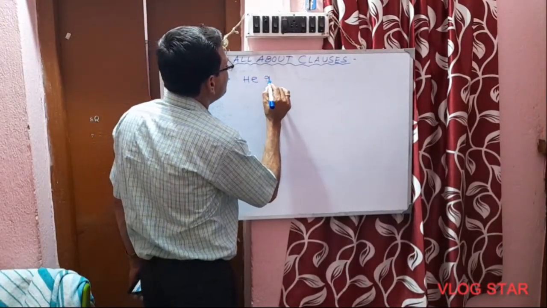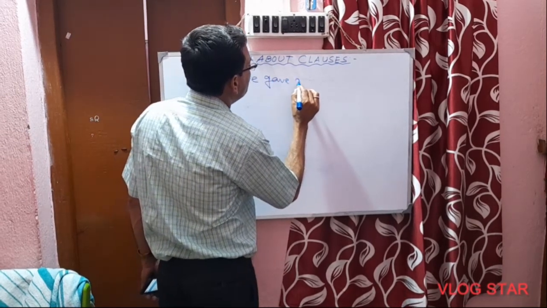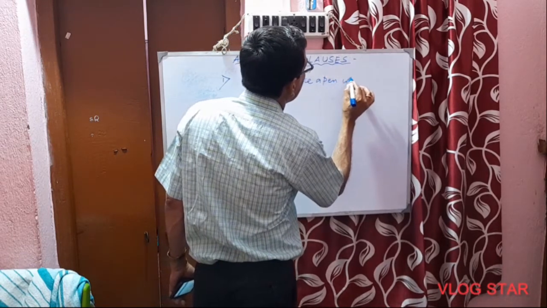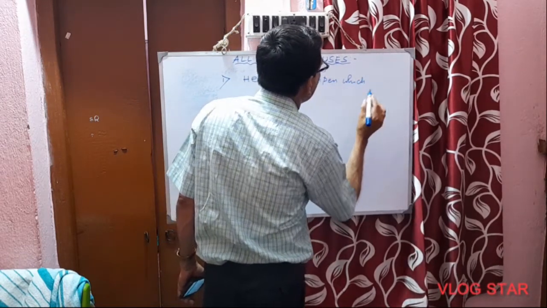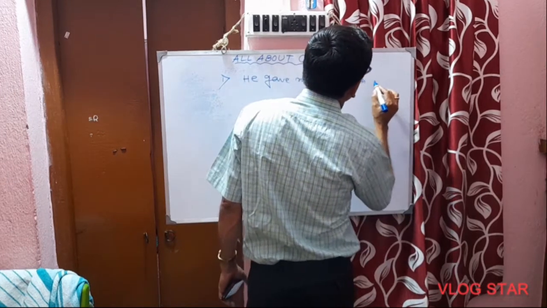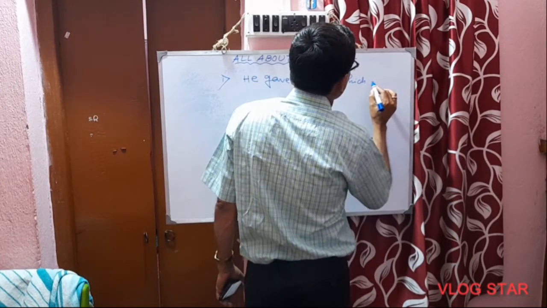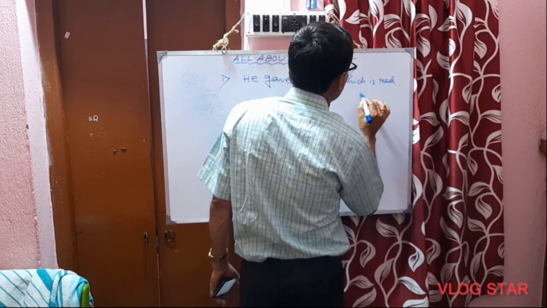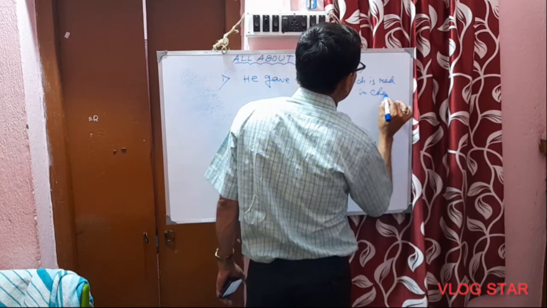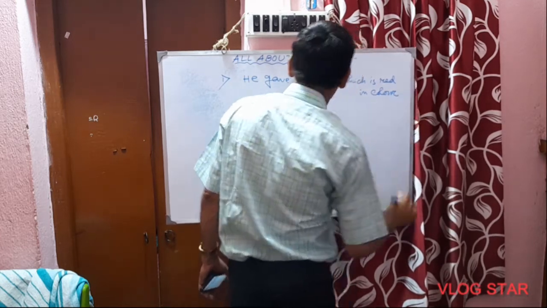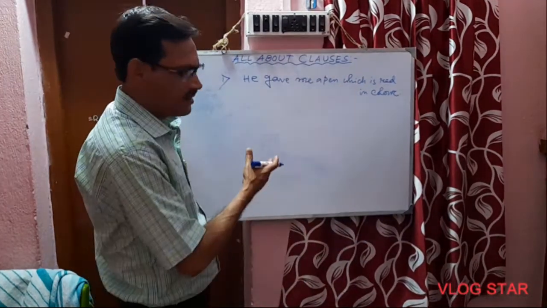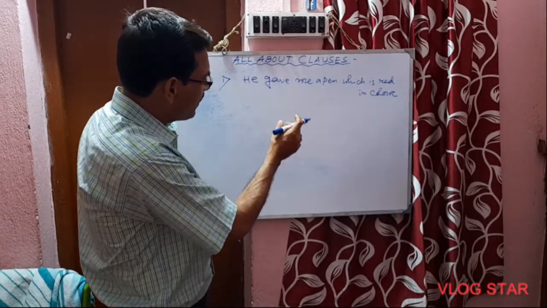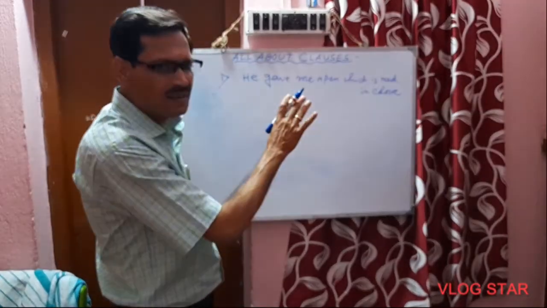He gave me a pen which is red in color. Now it is obvious that you can divide the sentence into two parts.